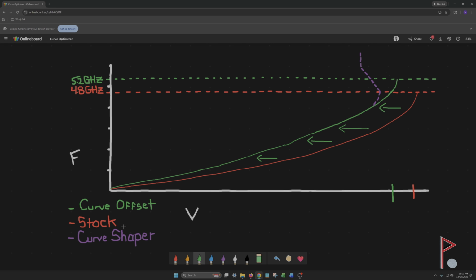And then over here with curve shaper, I'm trying to depict my curve. If you look at this line right here, let's say I'll extend it, you can see that's medium range, which for Curve Shaper means 4.5 to 5 gigahertz.